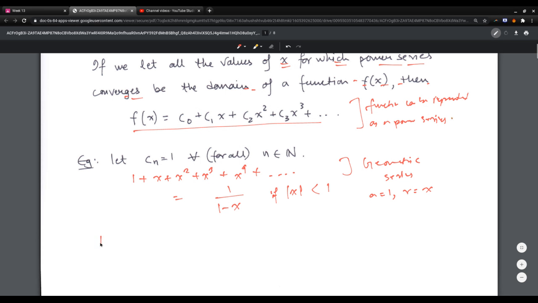So it converges if the absolute value of x is less than 1, and in that case the function 1 over 1 minus x can actually be written as this very nice power series. And so you can think of it as an approximation.